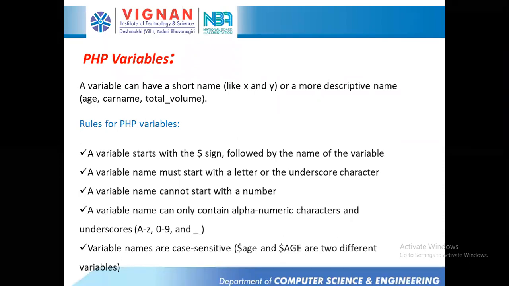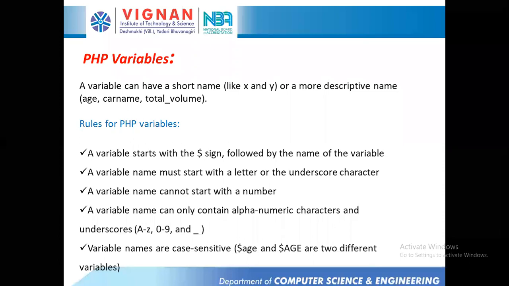A variable name cannot start with a number. A variable can only contain alphanumeric characters and underscore, that is, A to Z, a to z, 0 to 9 and underscore only. And variable names are case sensitive. Keep in mind, variable names are case sensitive.